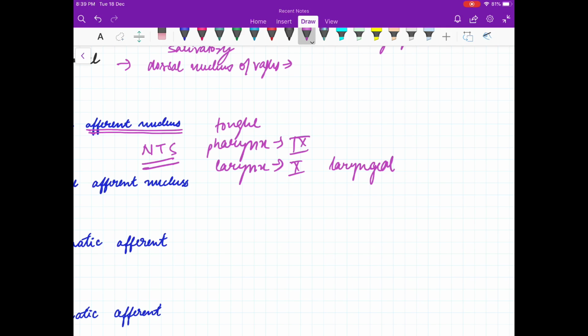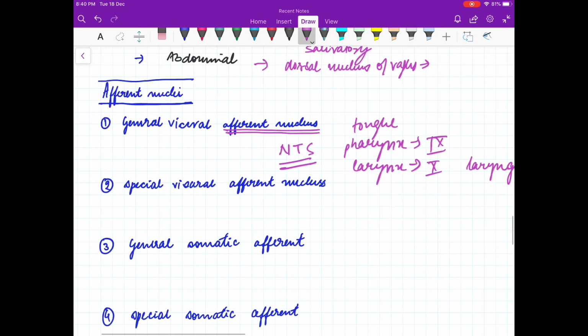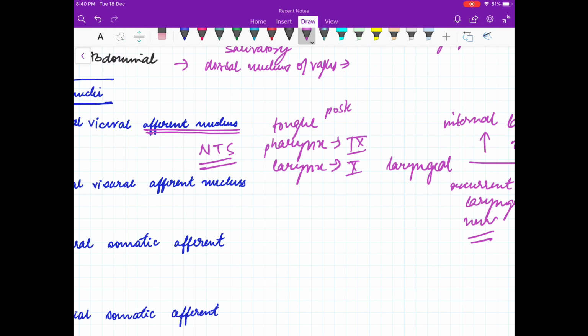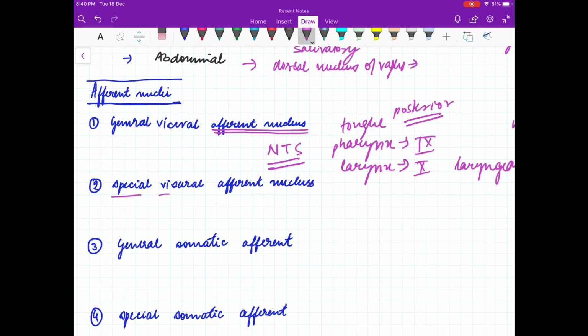If you remember, the part above the vocal cords is supplied by the internal laryngeal nerve, and the part below the vocal cords is supplied by the recurrent laryngeal nerve, which are branches of vagus. And the posterior part of the tongue is supplied by glossopharyngeal.